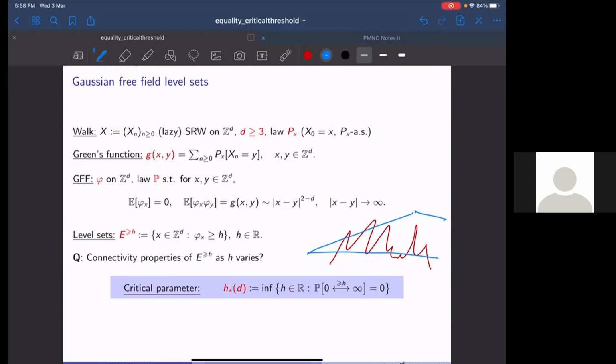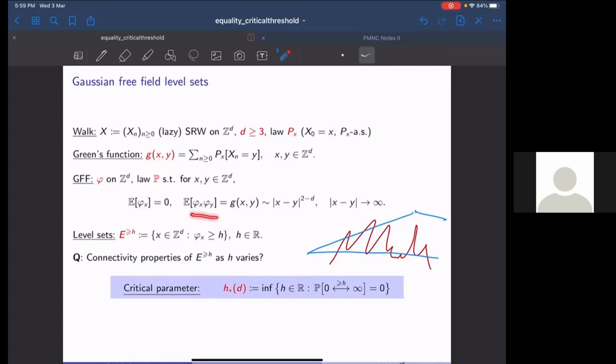And that's your percolation process. And as I told you, the direction of monotonicity is reversed, right? Because as you increase the height h, the set of points where the field value is larger than h becomes smaller and smaller. The question is then the connectivity properties of this level set as h varies.